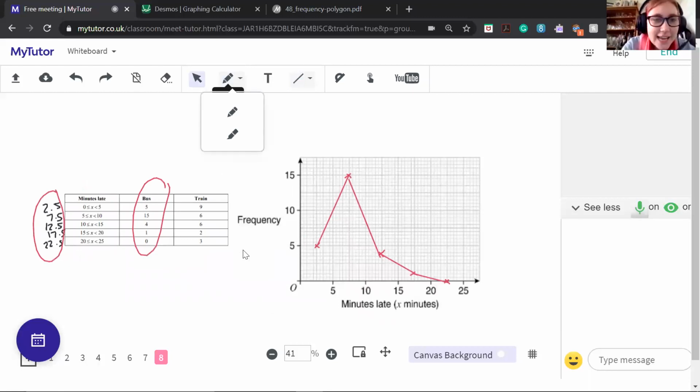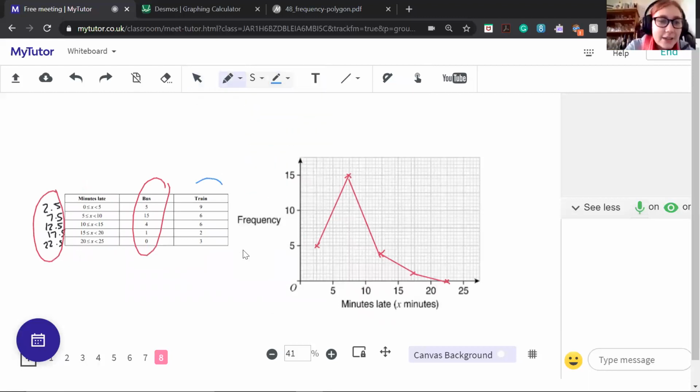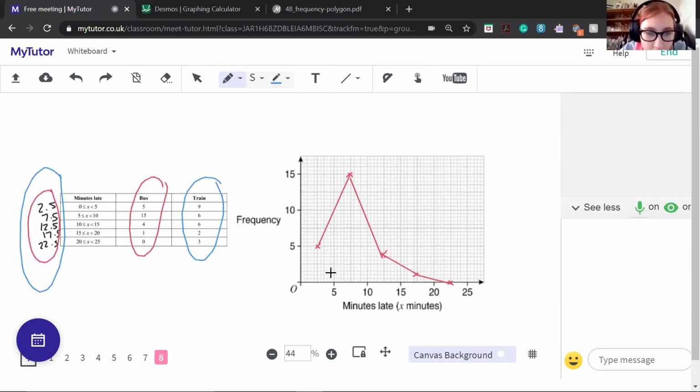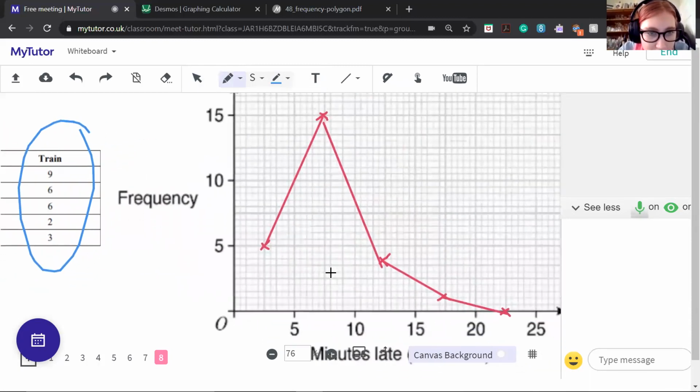And now let's do exactly the same, but for the train data. So train and the minutes, so it's going to be the same points on the x-axis. So 2.5, and then train is 9. 7.5 is 6. 12.5 is also 6. 17.5 is 2.